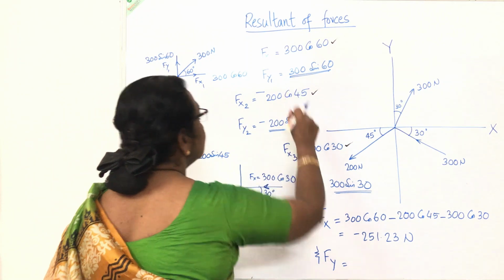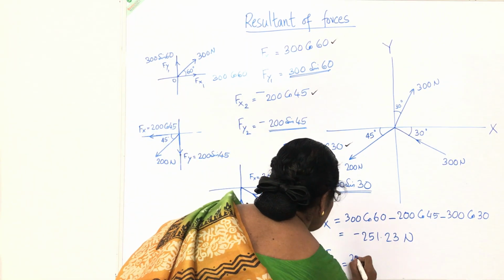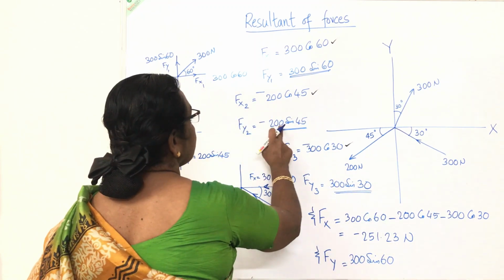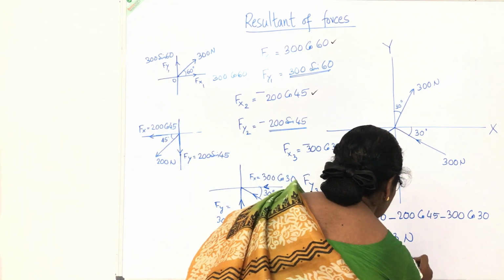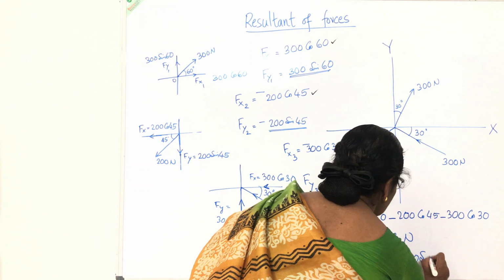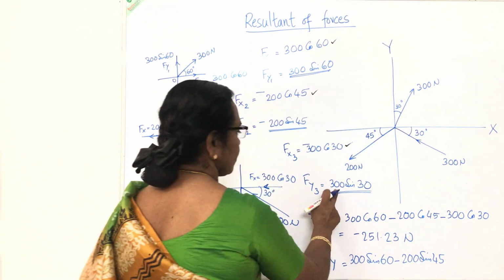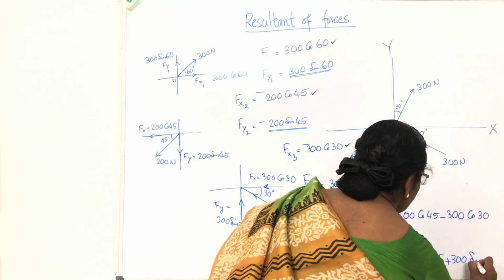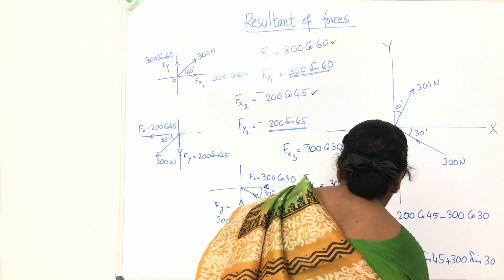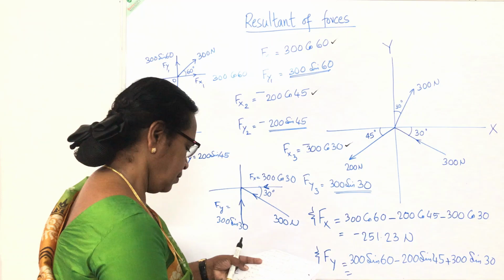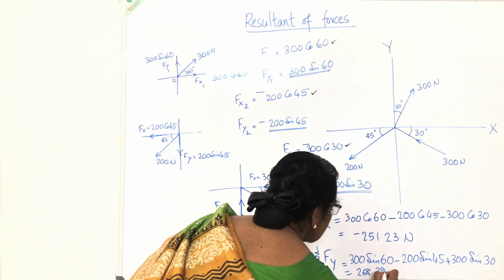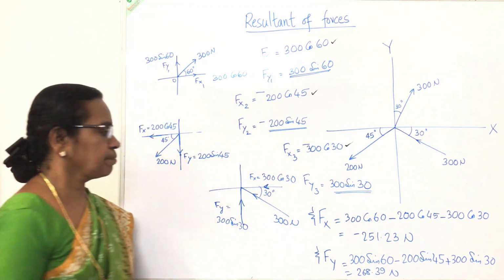So add it together: 300 sin 60 minus 200 sin 45 plus 300 sin 30 will work out to 268.39 Newton.